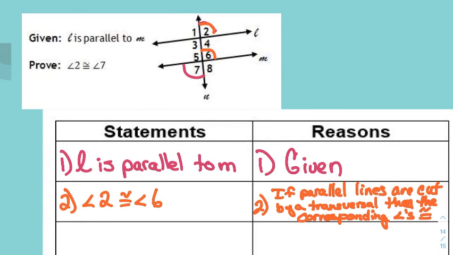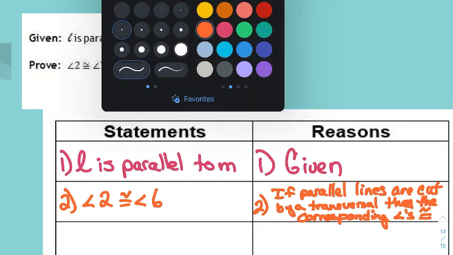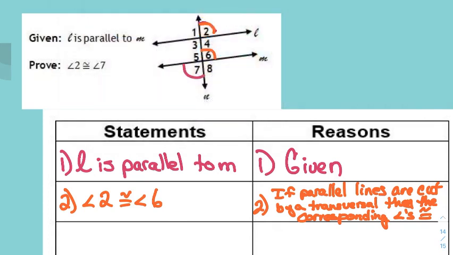And again, abbreviating. I'm going to keep working on abbreviating these concepts. We don't want to waste a whole lot of paper just because we have to write out a definition.